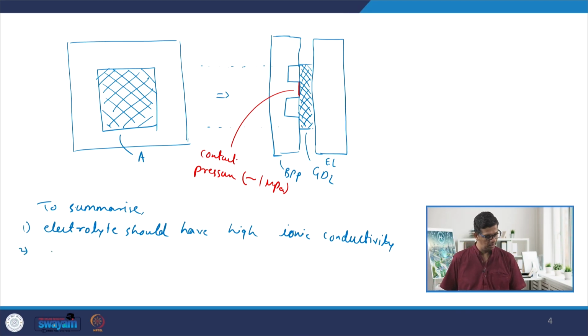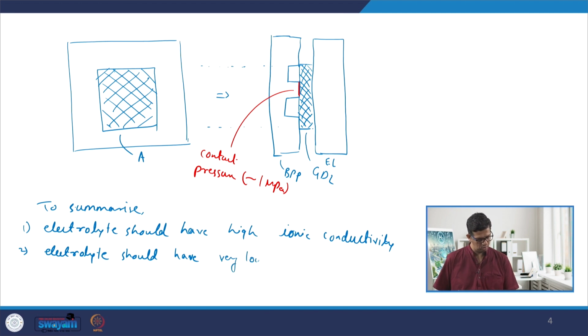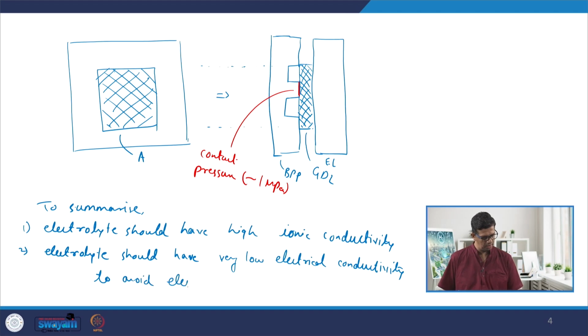At the same time, this electrolyte should have very low electrical conductivity to avoid electrical shorting.